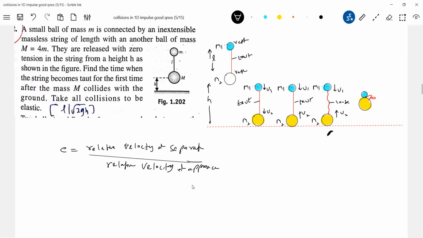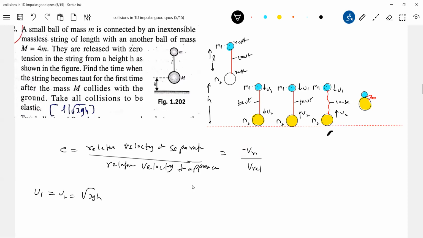So what is the relative velocity of approach? What are u1 and u2? Both will be equal, equal to root 2gh. So this I'll call the relative velocity of approach, and this is the relative velocity of separation.